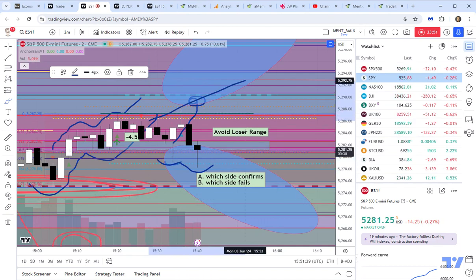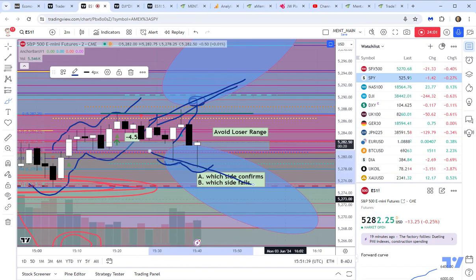We could be moving into an expanding wedge formation, kind of like this. So we have to be very cautious. Notice how it rejected again. Let's see what happens here as we move forward. This rejection again is very, very important.